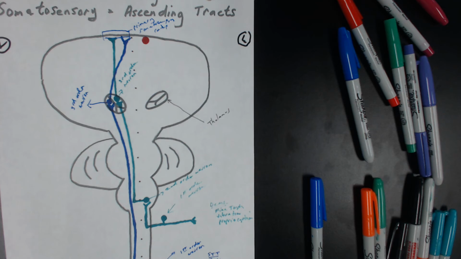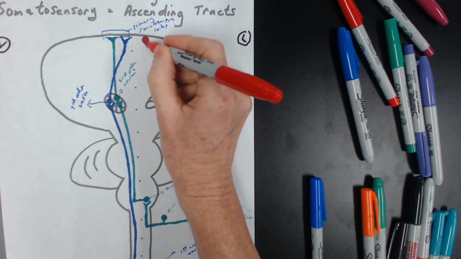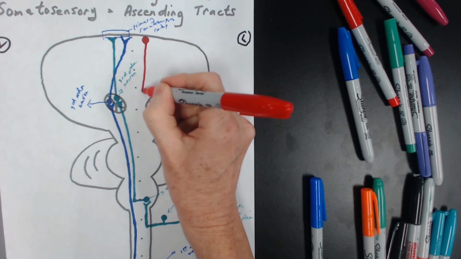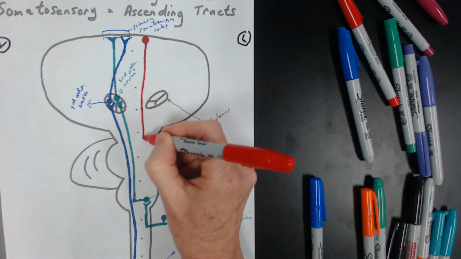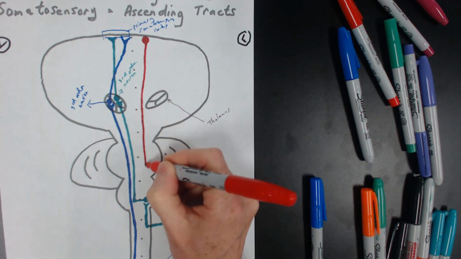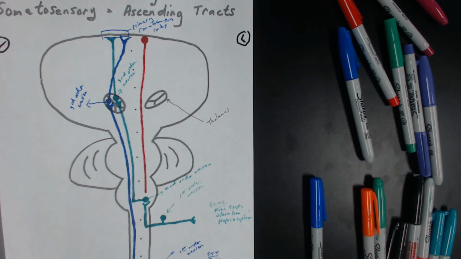Okay, motor information, voluntary motor information coming out. What happens is the axon is sent out, travels straight on down through the midbrain, through the pons, into the caudal medulla. Okay, so this is efferent information coming out at the level of the caudal medulla.